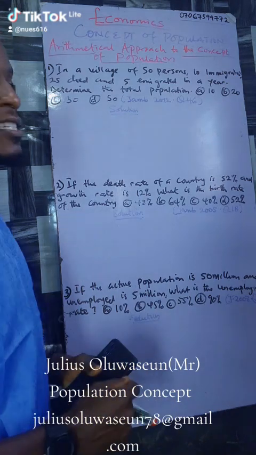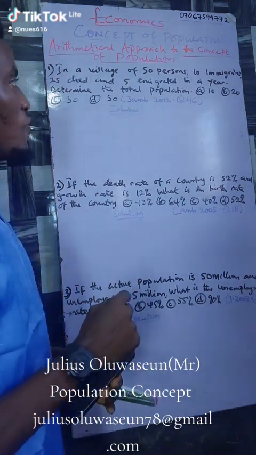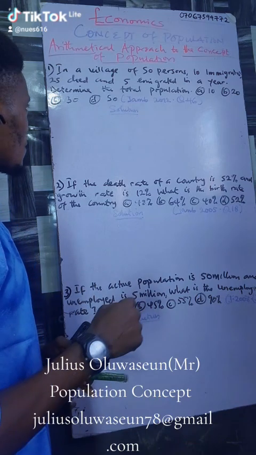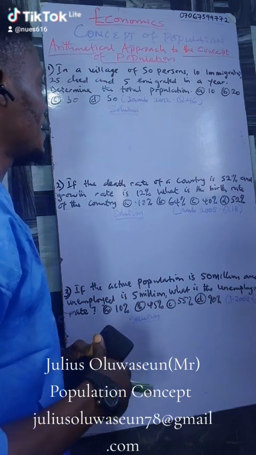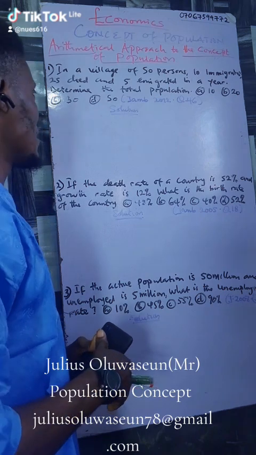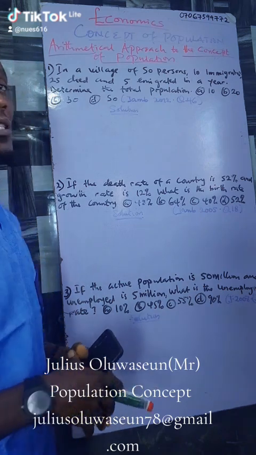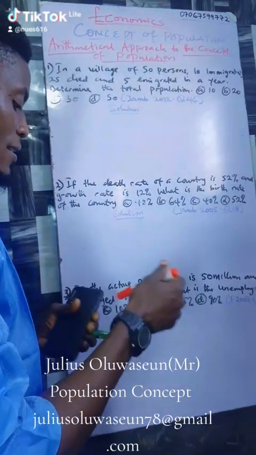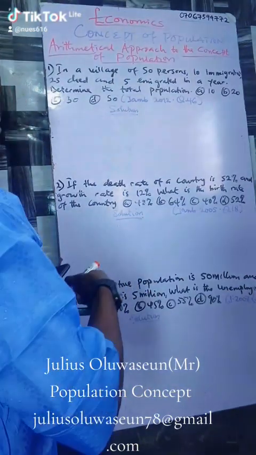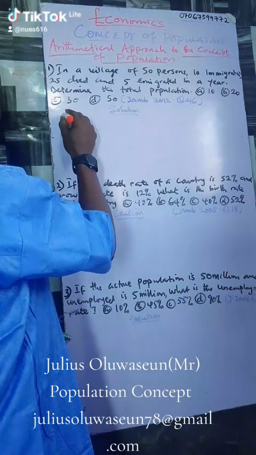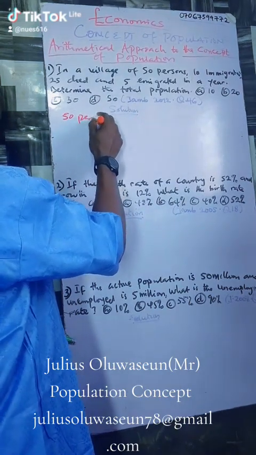Now the question is, in a village of 50 persons, 10 immigrated, 25 died, and 5 emigrated in a year. We are now asked to determine the total population. So we are going to proceed with this. We have how many persons? We have 50 persons.